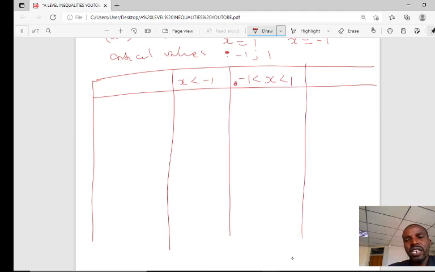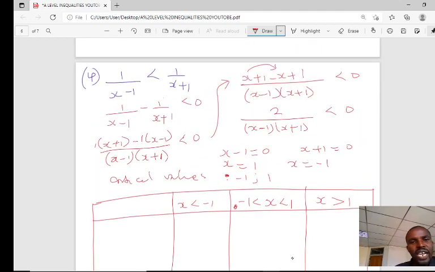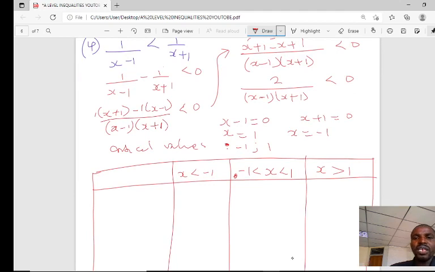Then finally, x greater than the biggest number, in this case 1. Then you take your factors from here. So we have x minus 1 and x plus 1. So you write x minus 1 here.